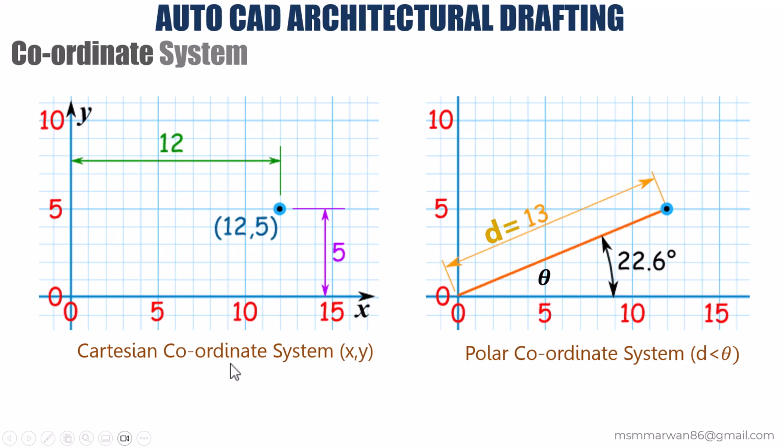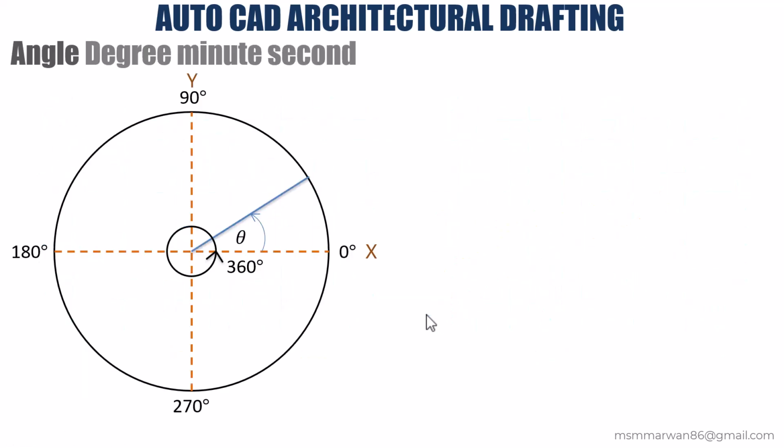Now the same point, if you define it using one distance and one angle, we call that the polar coordinate system. So here we define the same point using one angle and one distance. Here the angle is measured from the x-axis anti-clockwise and it is marked as theta. Now this is the summary of the coordinate system.